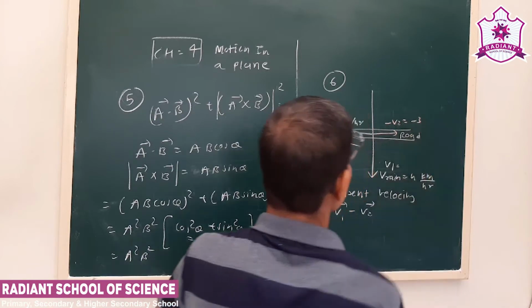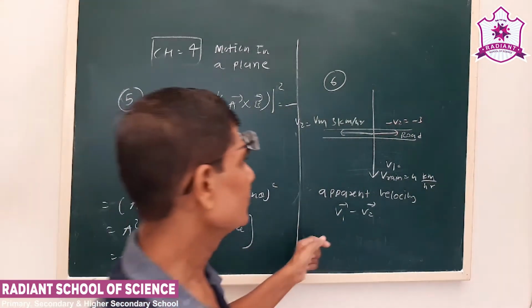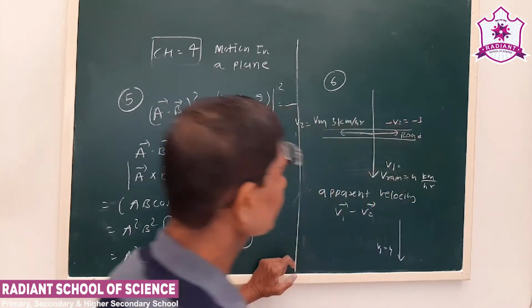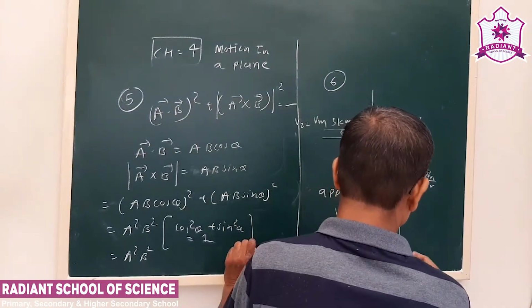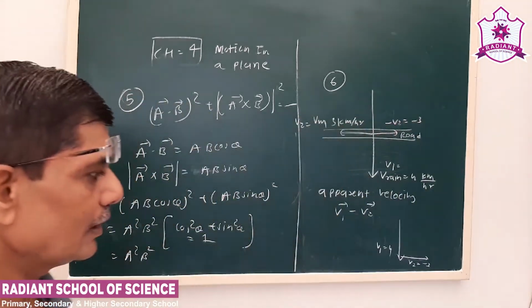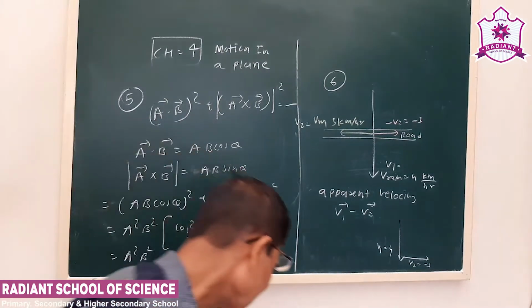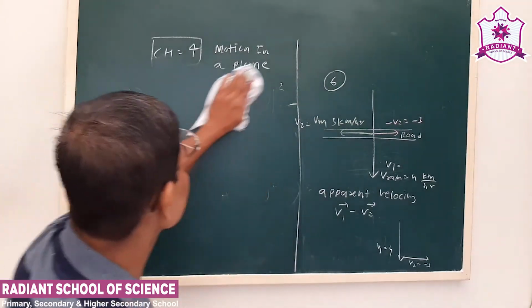Now we have to find out the resultant. So again the triangle law: this V1 is 4, head of V1, tail of V2. Now we can use the formula R is equal to under root A square plus B square plus 2AB cos theta.